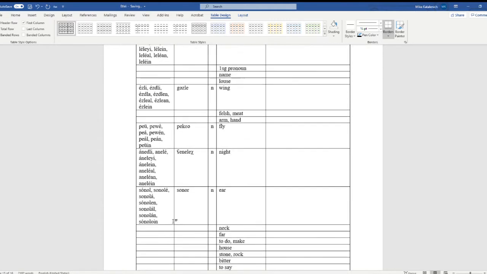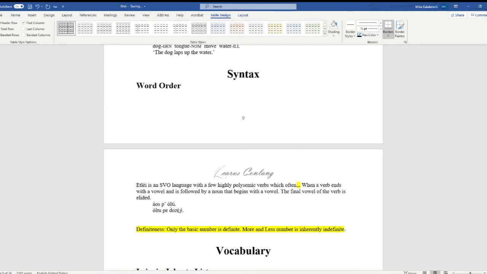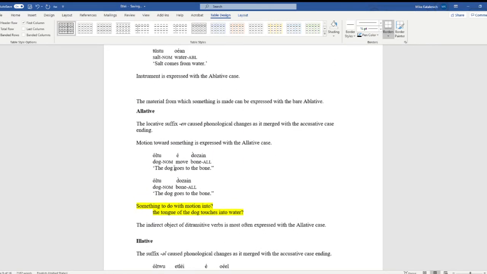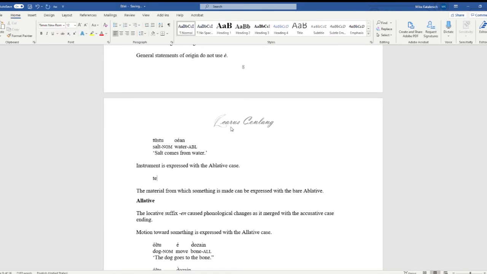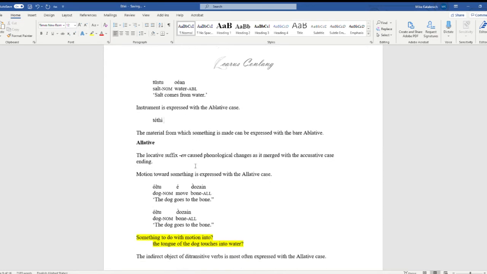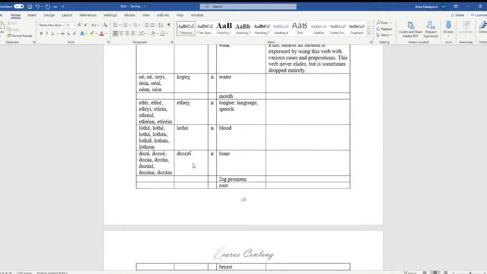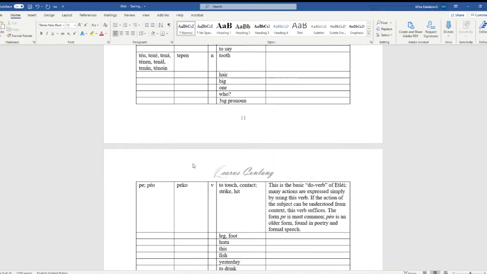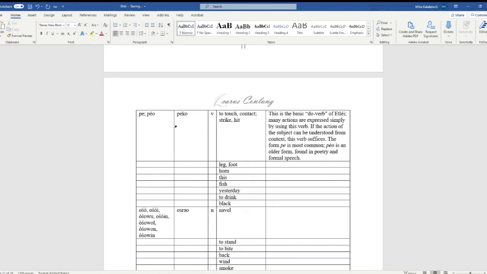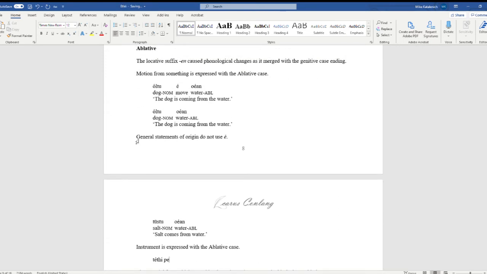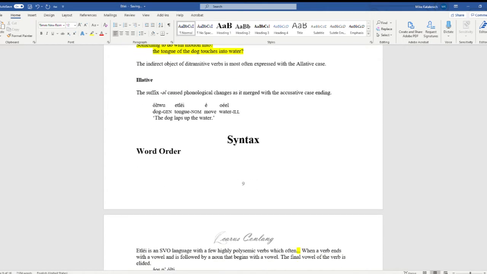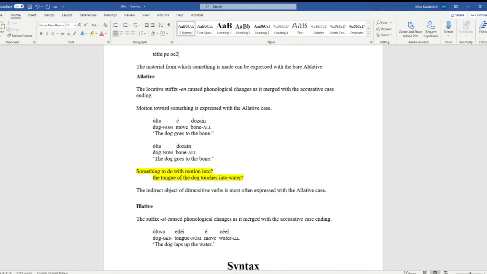So we're gonna have the bird strike water with... Okay, so tethi, hit. I do have a word for hit, don't I? It comes from this tricep contact hit. Be. Tethi pe away. That's our accusative.